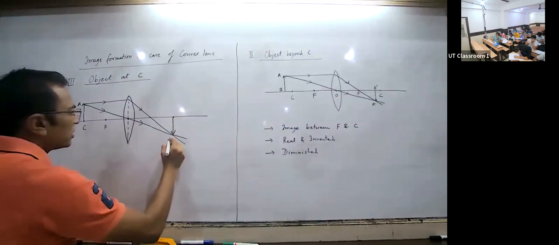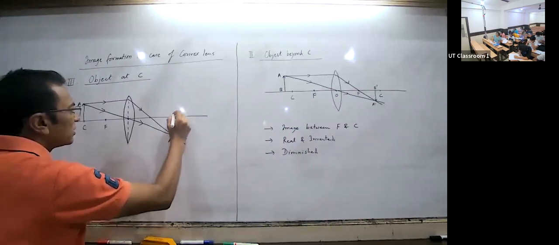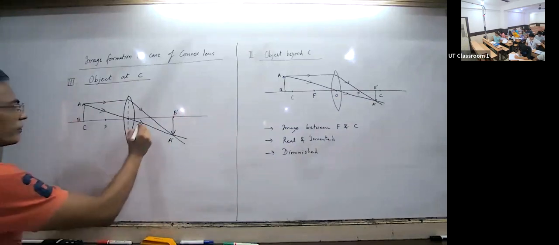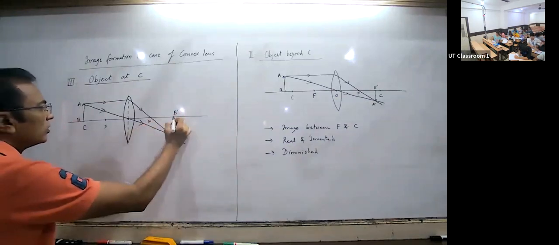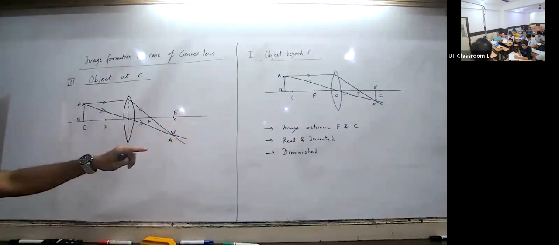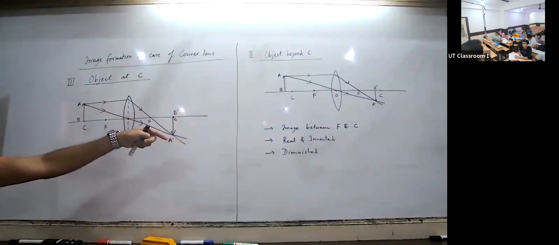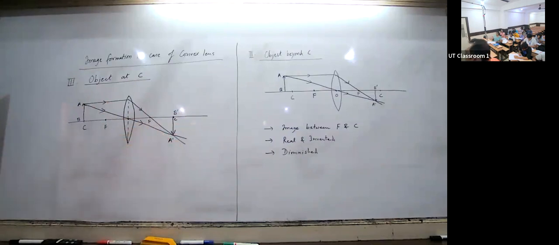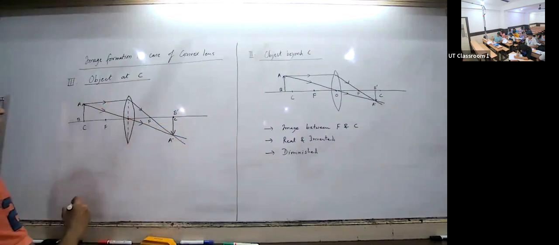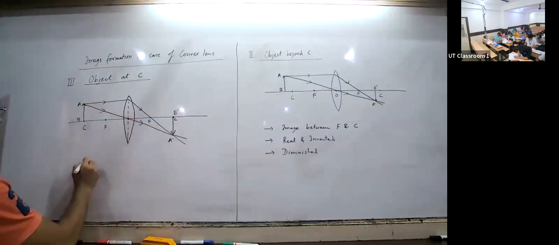So now you can see that this A dash, B dash is same as AB. So do the markings after drawing the ray diagrams. Otherwise, the line may go from above what you have written, right? So just have the line and the dots, and then later on you label it. So what about image C?